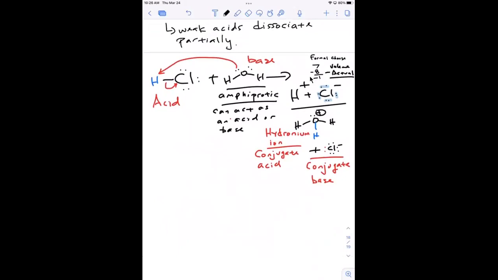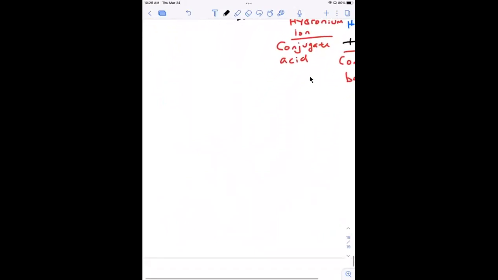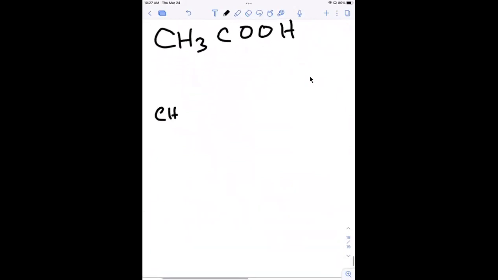But if you have a weak acid like acetic acid, which we've seen already, I might as well give you this free game so you can use it when you take organic. It also looks like this.